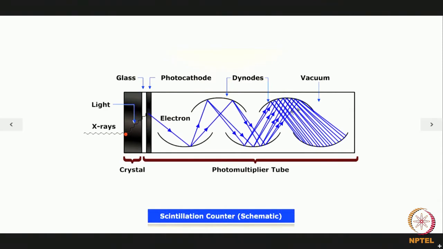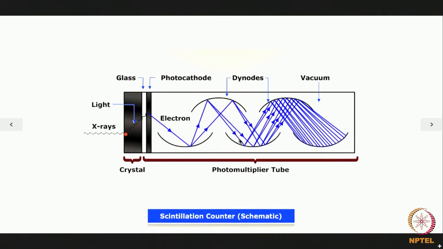The electrons striking the metallic dynodes will produce some more electrons, and when those electrons fall on the second dynode, they will produce even more electrons, and each dynode is kept at a potential of 100 volts plus with respect to the previous dynode. The electrons will go on striking each dynode and produce a lot more electrons.